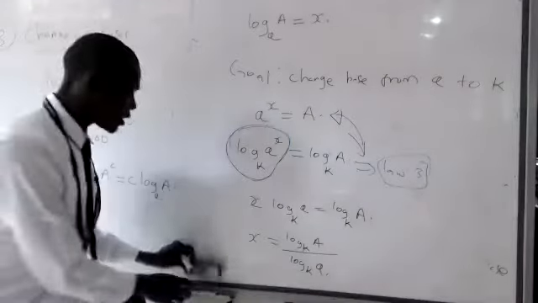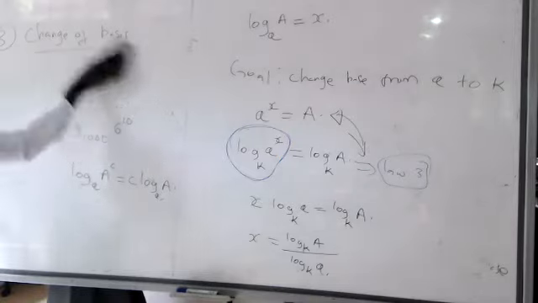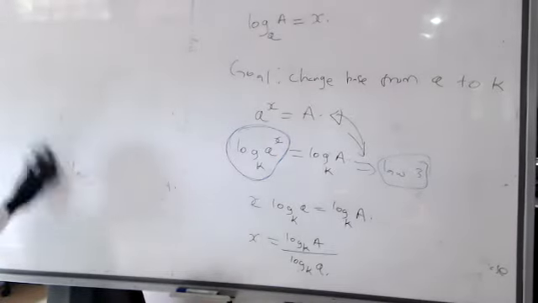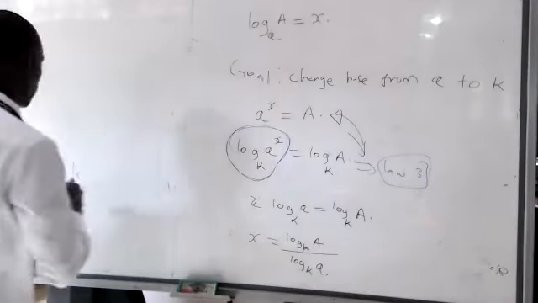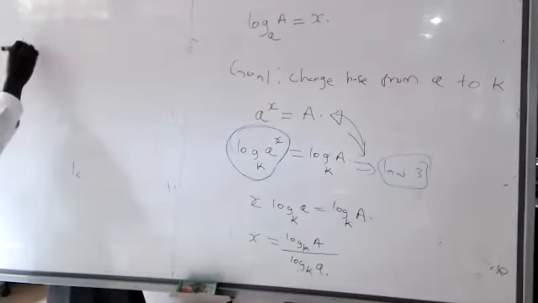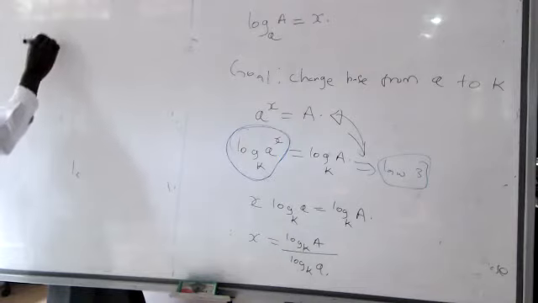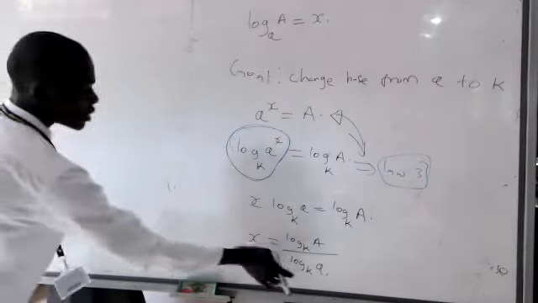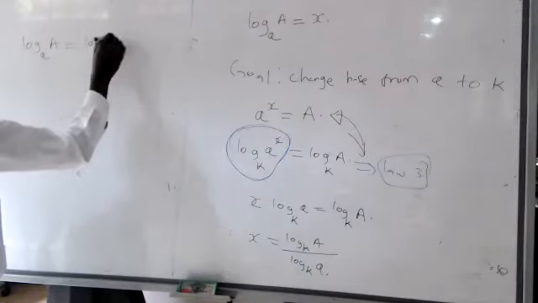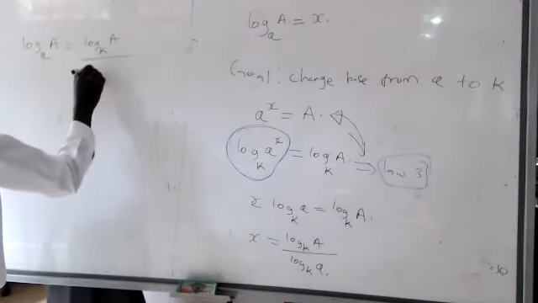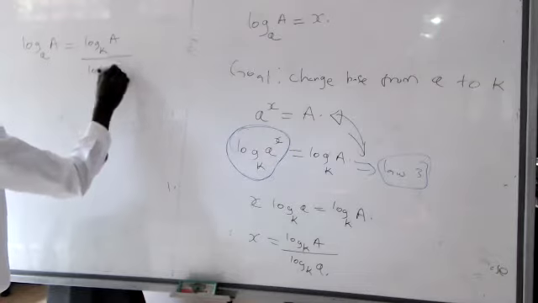But what was x in the first place? x was log to the base a of A. So in general, log to the base a of A is the same as log to the base k of A divided by log to the base k of a.